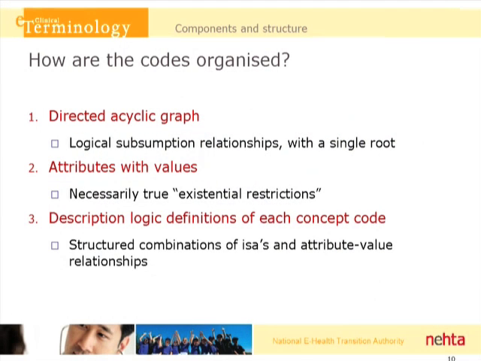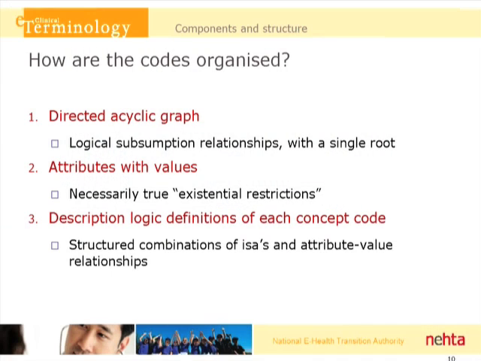So, I'm talking about hierarchies. What are these hierarchies all about? Well, we're really talking about, from a computer science standpoint, a directed acyclic graph. And the graph is organized according to what we call subsumption relationships. There's a single root at the top, because the computer science tree is upside down.